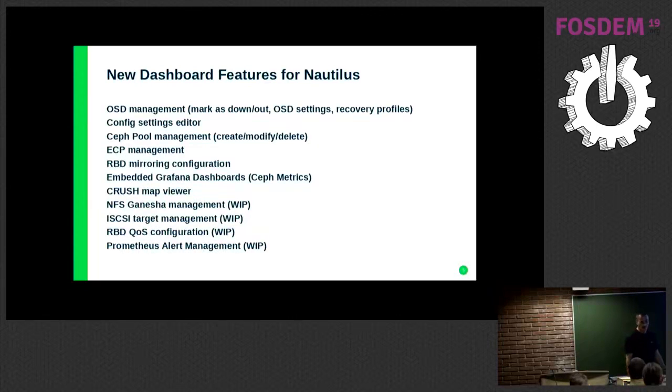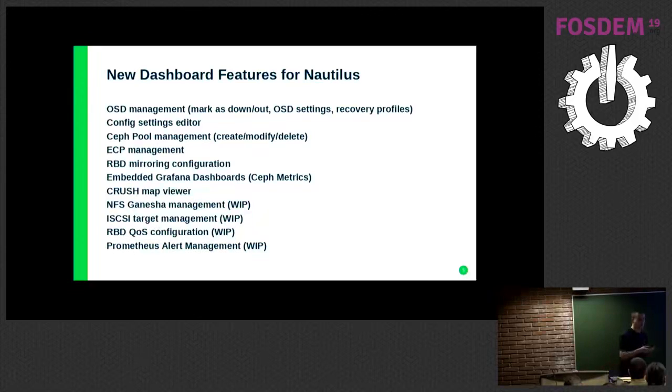NFS Ganesha is one thing that we're working on. The pull request is under review right now, so you will be able to use the dashboard to configure new NFS shares. You can select on which Ganesha node they should be exposed. You can choose if you want CephFS or S3 based. That is functionality that existed in OpenATIC, but we have pretty much overhauled the concept on how the management of the shares is done.